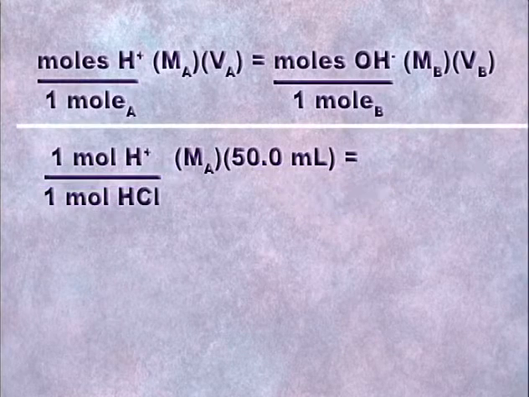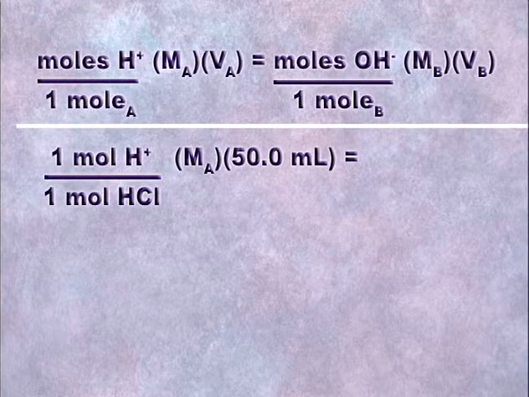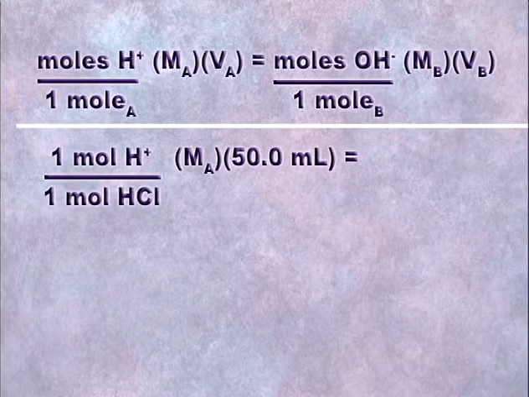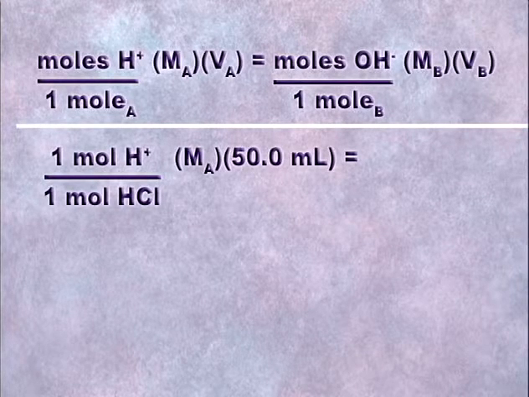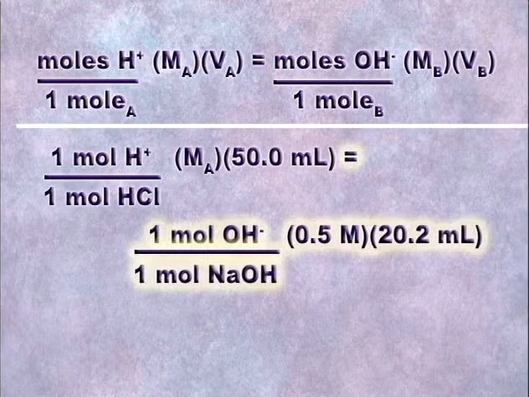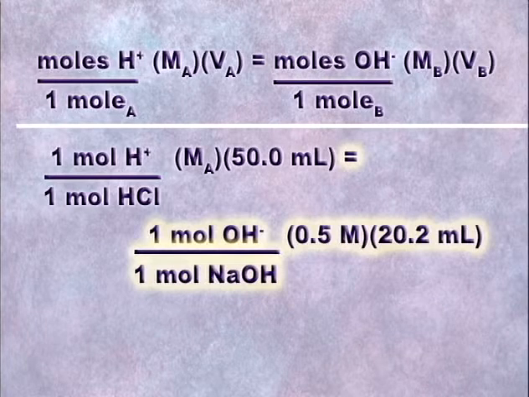The formula for hydrochloric acid is HCl, so there is 1 mole of hydrogen ions for every 1 mole of acid. The volume of acid used is 50.0 milliliters, and the molarity of the acid is what we're looking for. The formula for sodium hydroxide is NaOH, so there is 1 mole of hydroxide ions for every 1 mole of base.